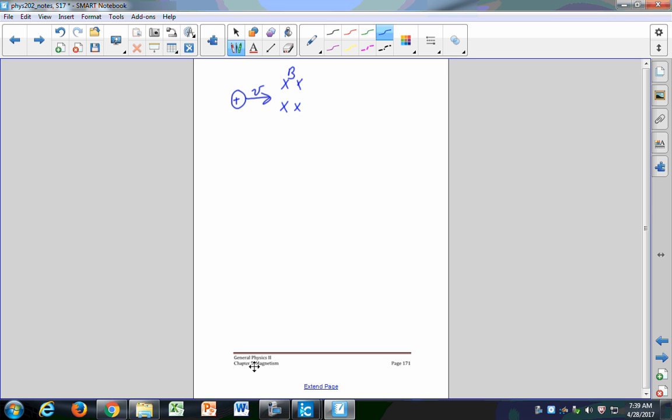So here we let our index finger go in the direction of V. We let our middle finger go in the direction of B, and then our thumb gives the direction of the force. So index finger, middle finger is into the page, and so this particle will feel a force that's upwards.